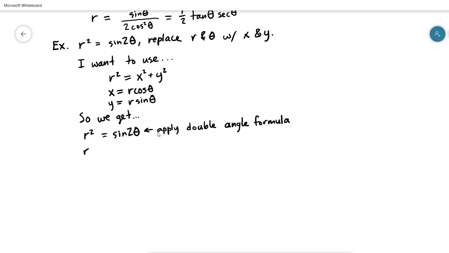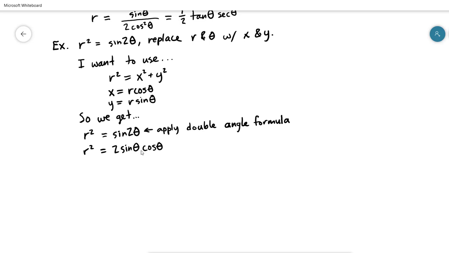So I'm just going to rewrite this as r squared equals sine of 2 theta is the same as 2 sine of theta cosine of theta. That's our double angle formula that you have on the sheet that I would recommend having with you as you go through these videos. So there is our double angle formula, but I don't quite have what we have written up here.